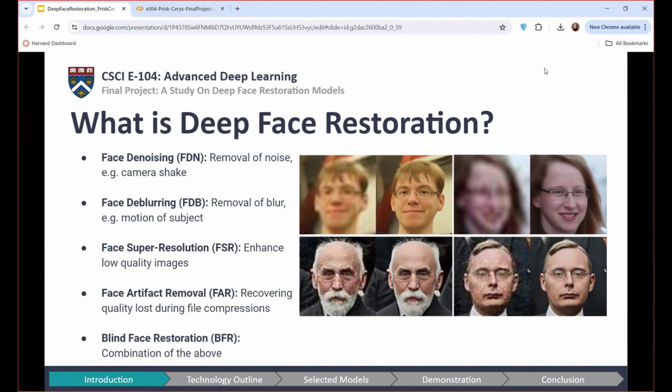There are a variety of causes for image degradation, with remedial action generally summarized as face denoising, which involves the removal of noise, for example, camera shake; face deblurring, to remove blur, for example, motion of the subject; face super resolution, to enhance low-quality images, for example, zoomed-in images or old images; face artifact removal, to recover quality lost during file compression; and blind face restoration, which is a combination of the above, as is likely to occur with real-world images.